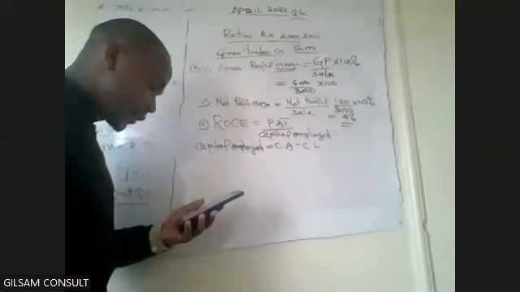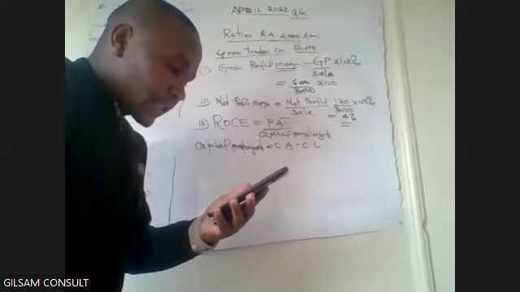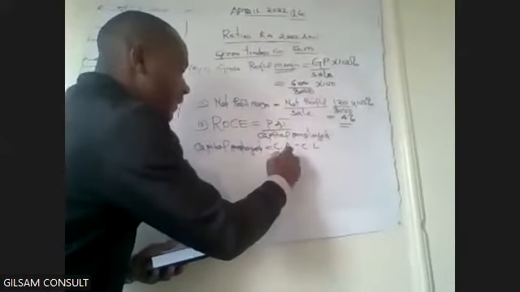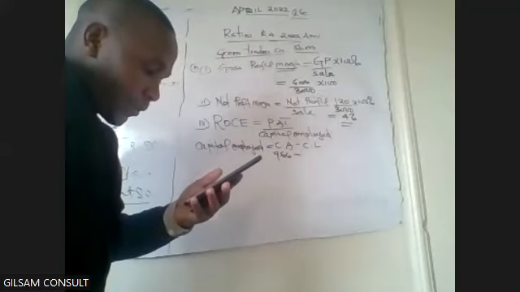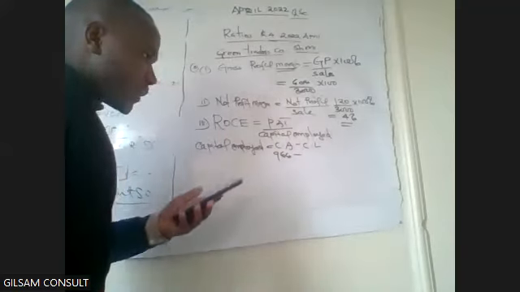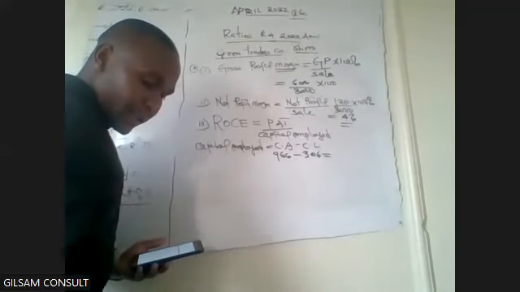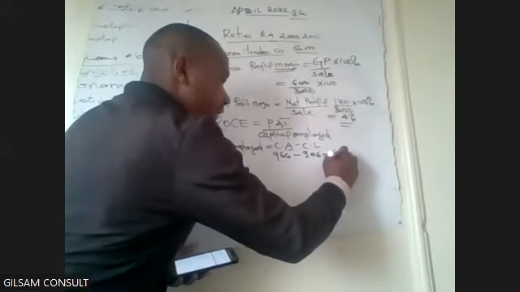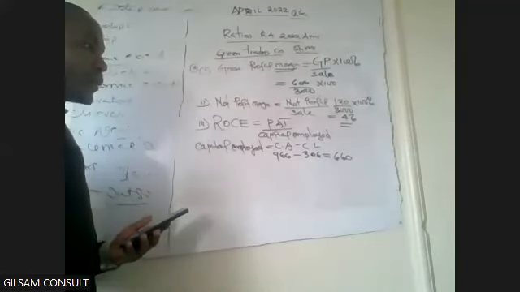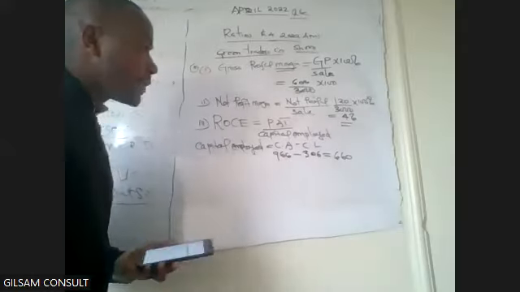How much is the current asset? Look at the balance sheet. The current asset for Green Traders is 966 minus current liability, 183 plus 120 coming to 306. So you take 966 minus 306, which comes to 660. That is the capital employed. The net profit is the profit after tax, which is 120.